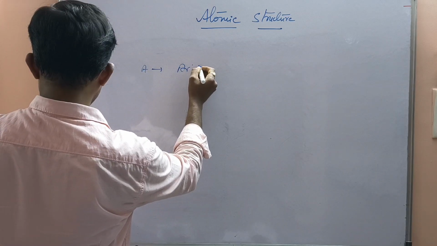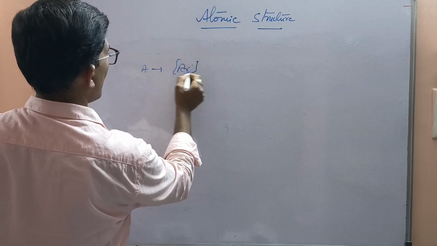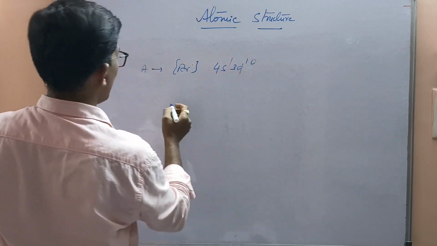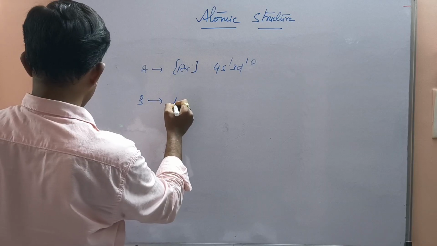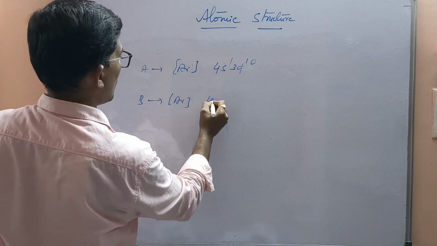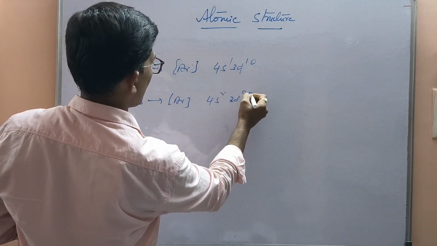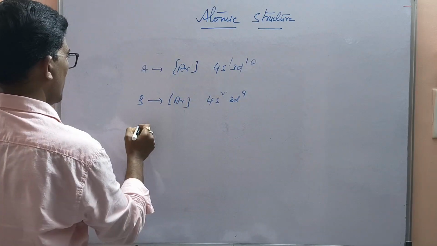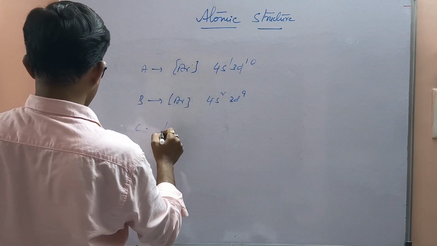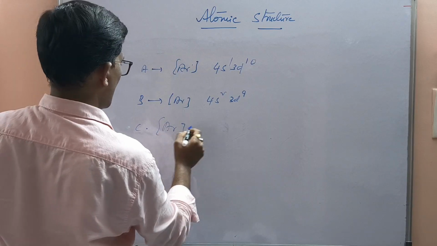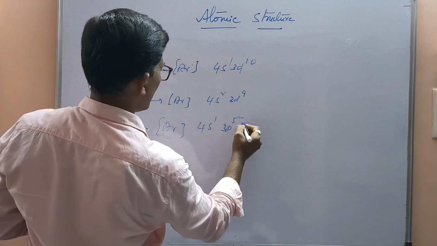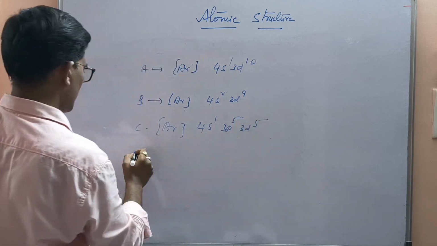Argon 4s1 3d10. The next one given is argon 4s2 3d9. And the next one is argon 4s1 3p5 3d5.